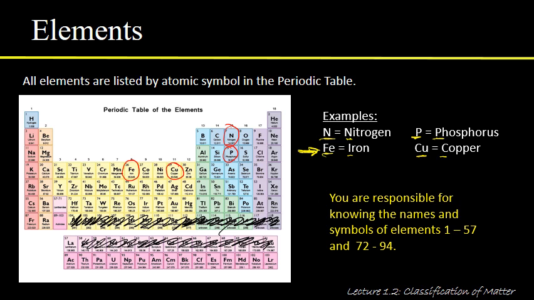I do want you to know on the bottom row these two, lanthanum and actinium. And the main reason that I want you to know those is because these 2 rows here, this first row, I don't think you can see that very well, but that first row is called the actinides, and this second row here are called the lanthanides.